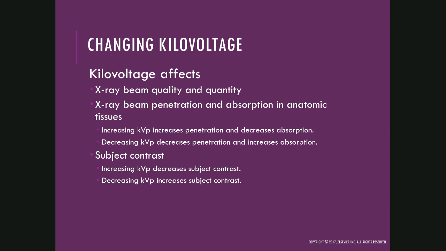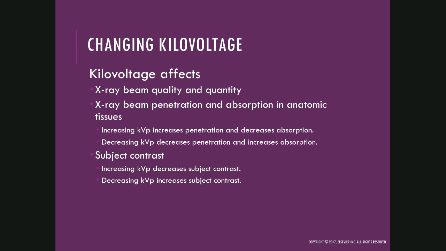Changing your kilovoltage is going to create a change in your subject contrast. When we talked about subject contrast before, we talked primarily about the mix of different types of tissues in a part. And that's not inaccurate, but it's not 100% accurate either.